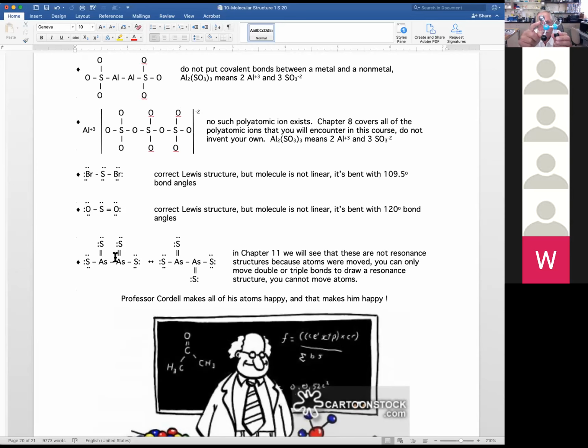I could have put this double bond here or here. So this is one resonance structure. But what I cannot do is move atoms around. By moving atoms around, that changes everything. So they're not resonance structures if you move the atoms. And we'll get to that in chapter 11.